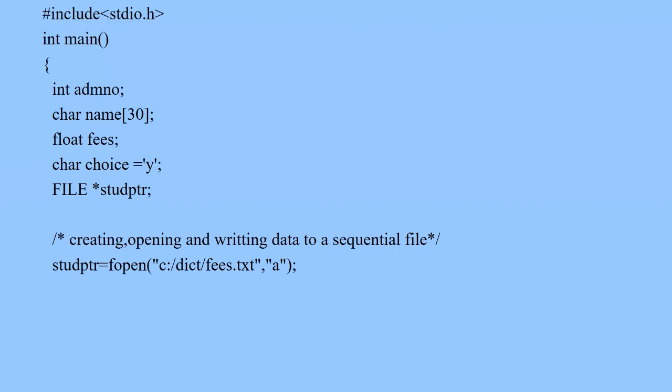And then we are using our pointer to manipulate the file. So we are assigning the address of the text file called fees to our pointer.